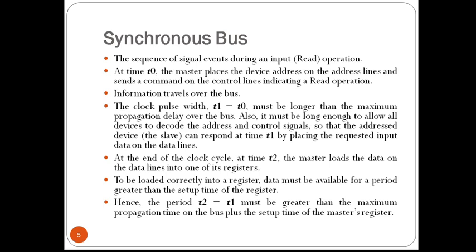Next, at the end of t2, the master strobes the data on the data lines into its input buffer. In this context, strobing means capturing the values of the data that is given at that instant and storing it into a buffer.